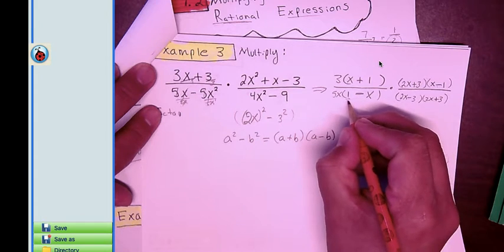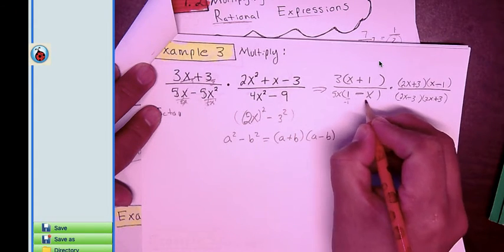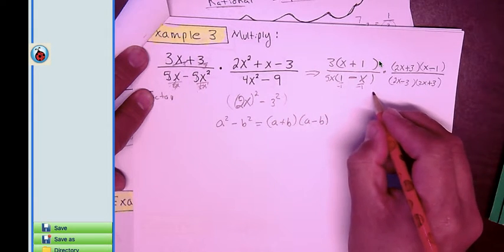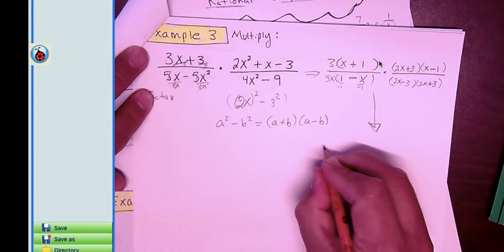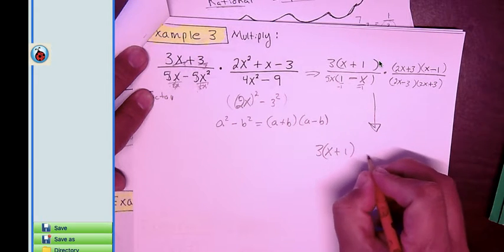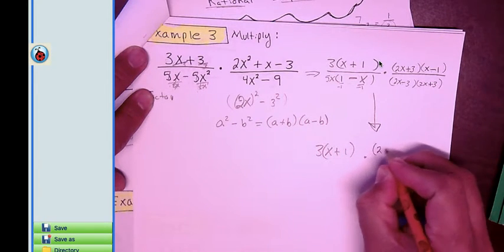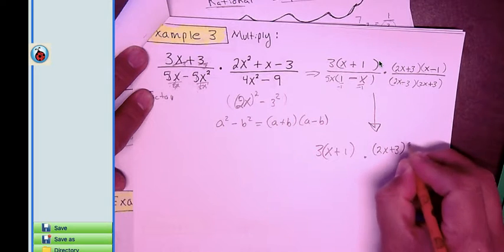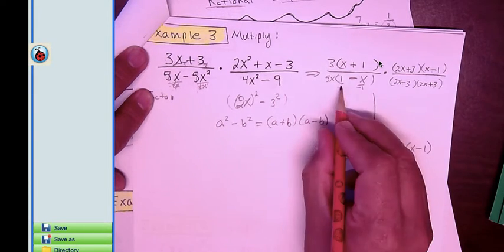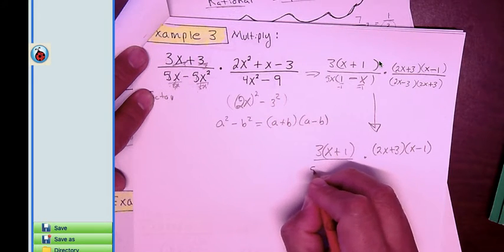So we factor a negative 1 in this one. So I'm going to copy this one again here. So we're factoring a negative, so you get 5x.